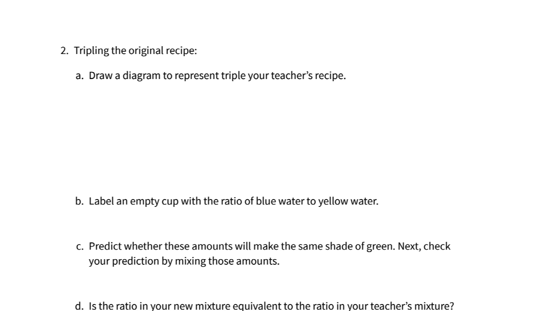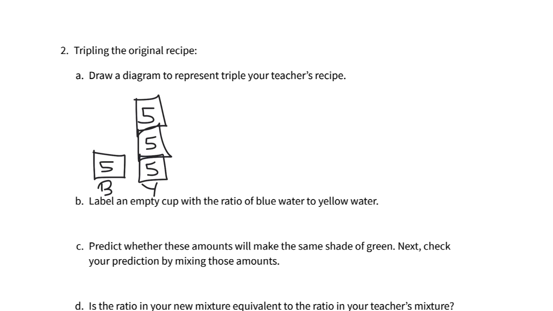All right, so if we want to triple the original recipe, what would it look like? Well, let's remember that original recipe looked like this. We had 5 units of blue, and we had 15 units of yellow. So that's the original.